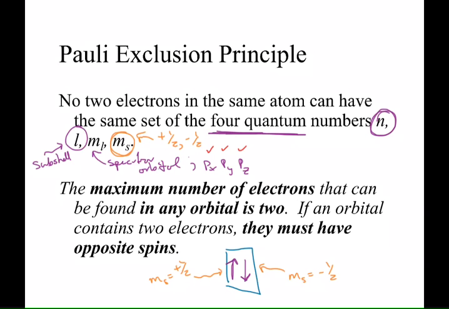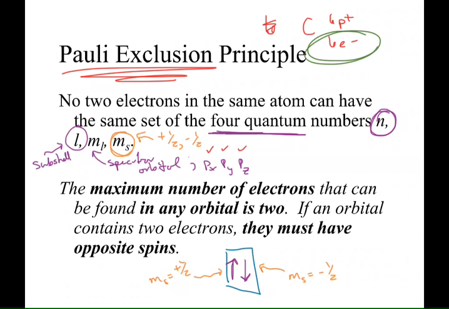So the Pauli exclusion principle says that, for instance, if you have a set of electrons around a carbon atom, carbon is atomic number 6, so carbon has 6 protons and it has 6 electrons. Pauli's exclusion principle says for those 6 electrons, they have to have a unique set of these 4 quantum numbers.